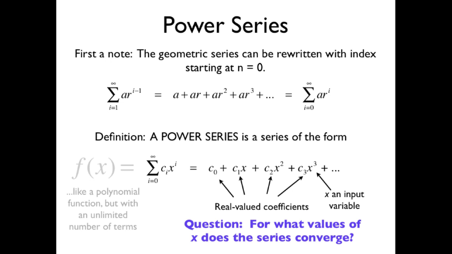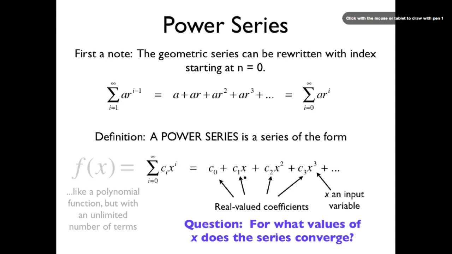So we talked about starting our geometric series from 0, and that would mean it would be a r to the i, not a r to the i minus 1 anymore. Okay?